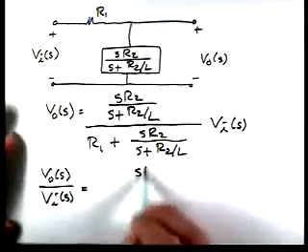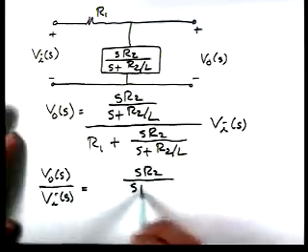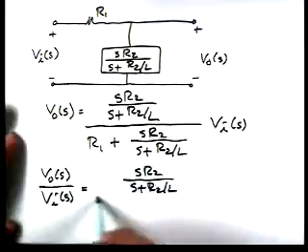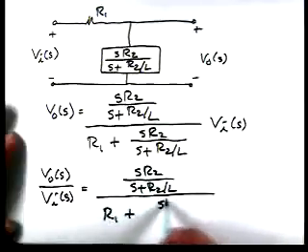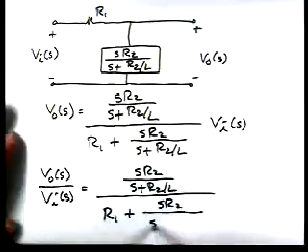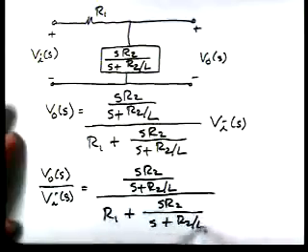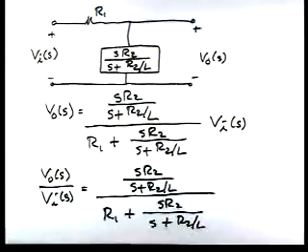And so we have SR2 over S plus R2 over L. Then we have R1 plus SR2 over S plus R2 over L. Now it's just going to be a matter of some algebra at this point in time.